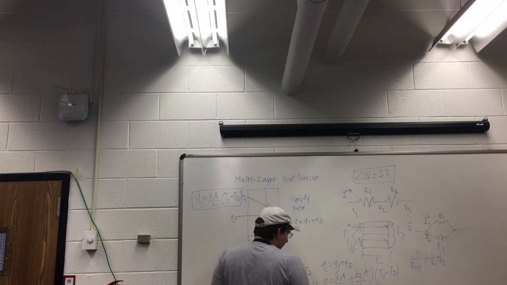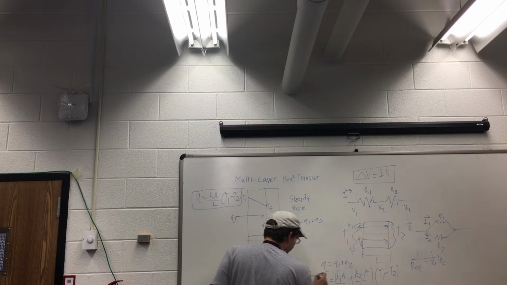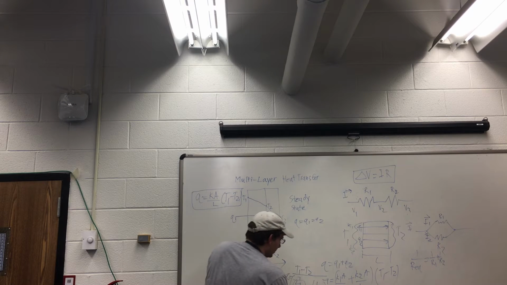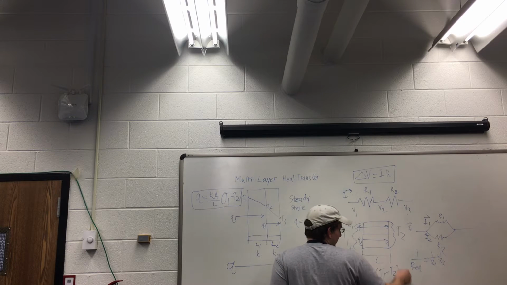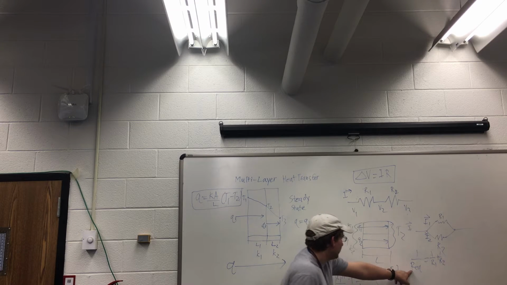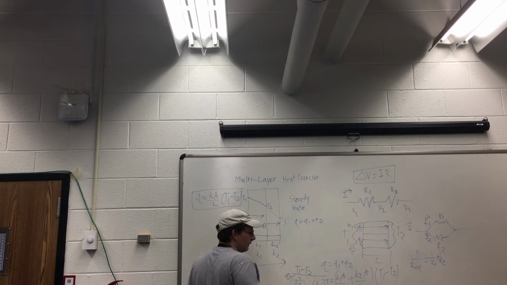So the 1 over the -1 thing, which I'm just going to redraw so you actually know what I'm talking about, looks like this. So this whole thing is to the -1. And that's basically saying that the equivalent thermal resistance is just flipped upside down.